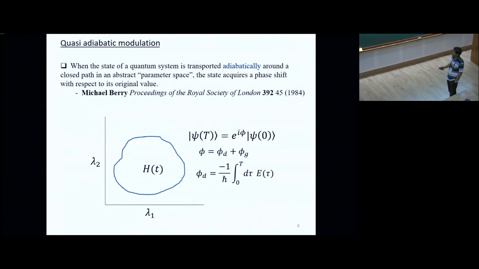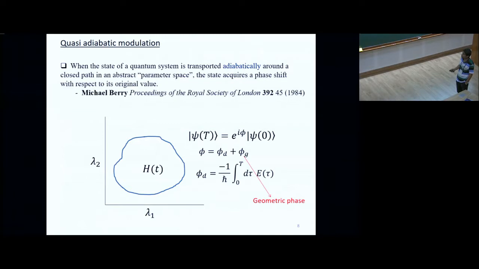This is the usual one, but there is some part of it which is called the geometric phase, and it is connected to the area that you trace in the parameter space in going around this circle. So this area is directly proportional to this Berry phase. That is why it is also called the geometric phase, because there is a connection with the geometry in the system. So what I'm going to talk about is the effect of this geometric phase.